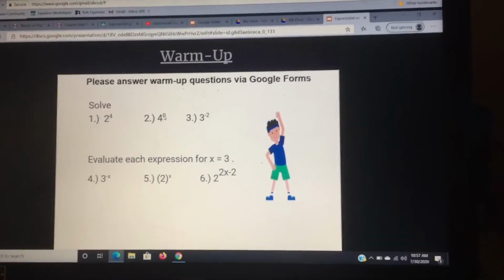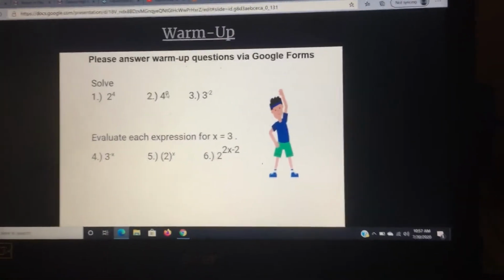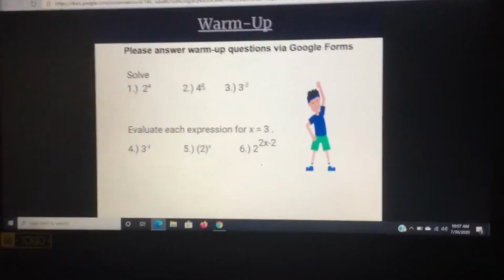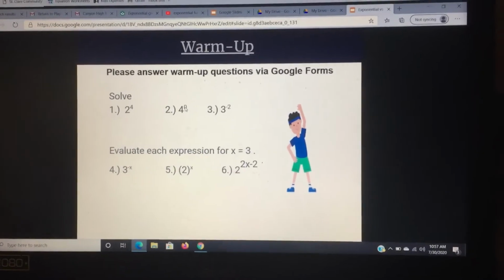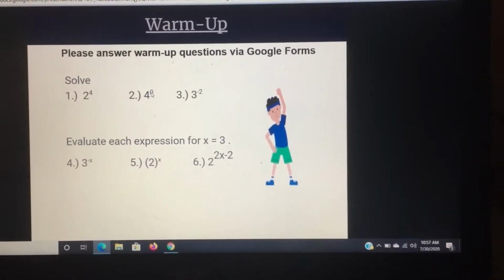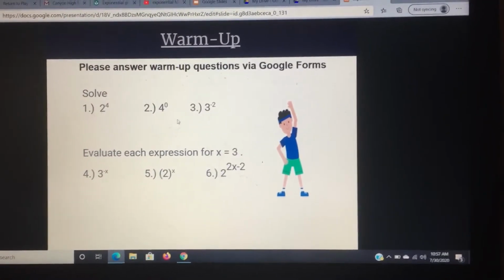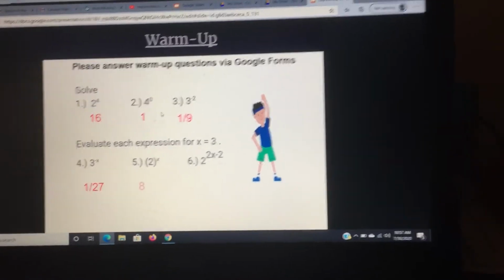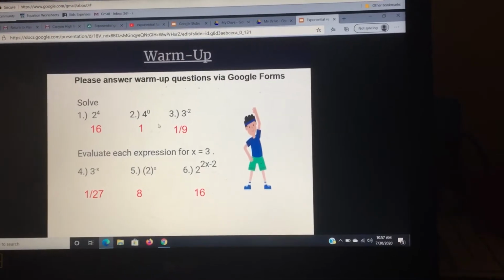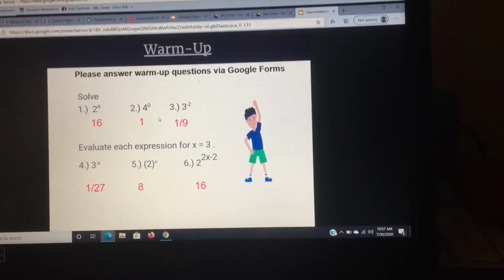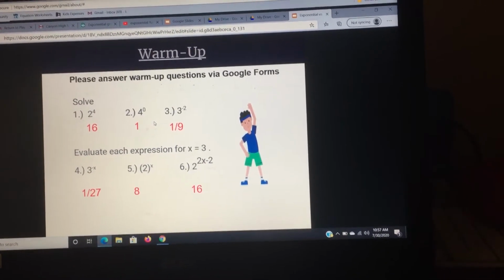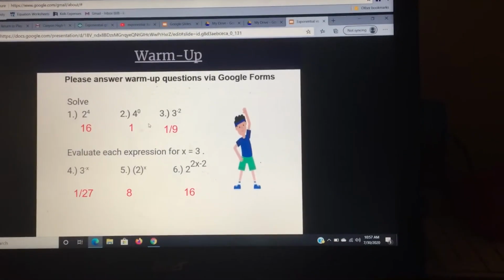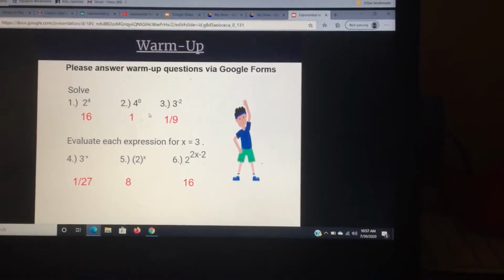All right, looks like people have answered, and yes, you're accurate. 4 to the 0 is 1, so any base to a 0 power is 1. And if you have a negative exponent, you do the reciprocal. You flip it, which is why we get 1/9 for number 3.